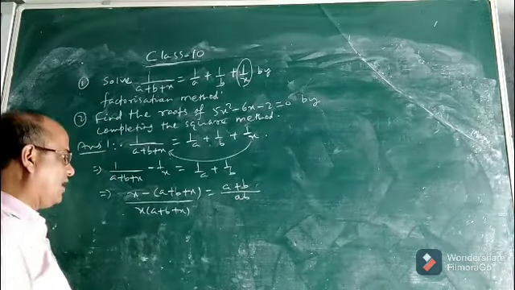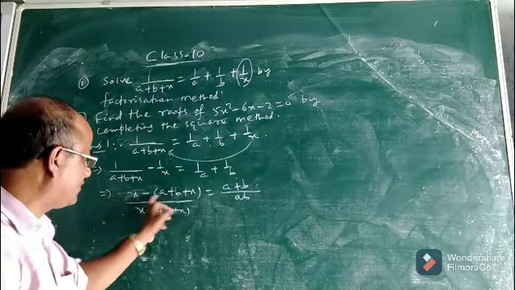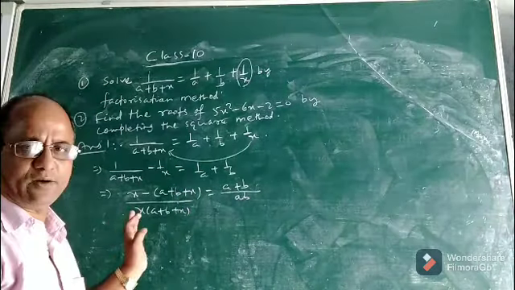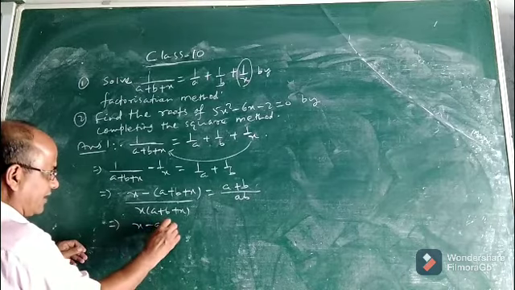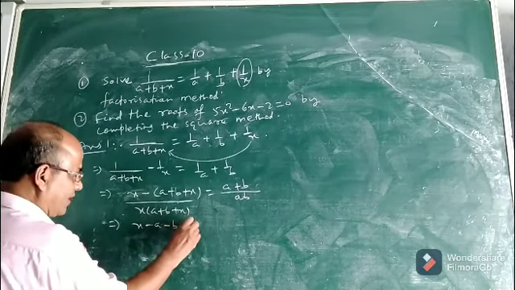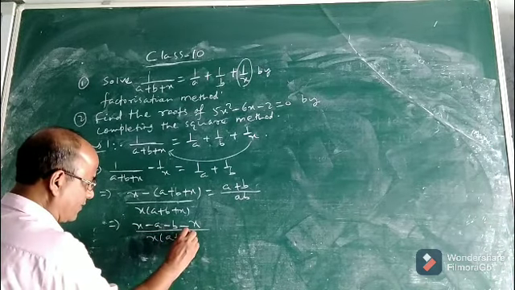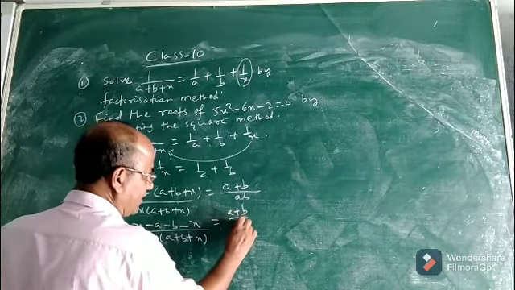Now, what is the next step? The next step will be omit the bracket. Multiply minus sign to each term present in the bracket, so that the bracket will be removed. And this will become x minus a minus b minus x divided by x into (a plus b plus x), which is equal to a plus b by ab.